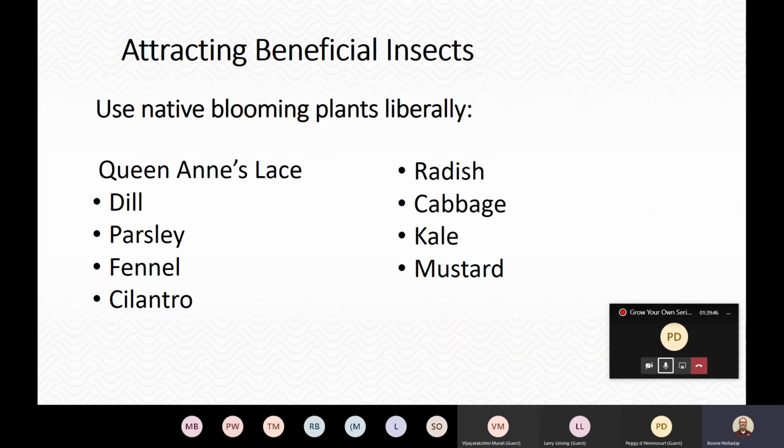And the different life stages of these, particularly the lady beetles, the adults feed on nectar, and they are attracted to a whole lot of different plants.